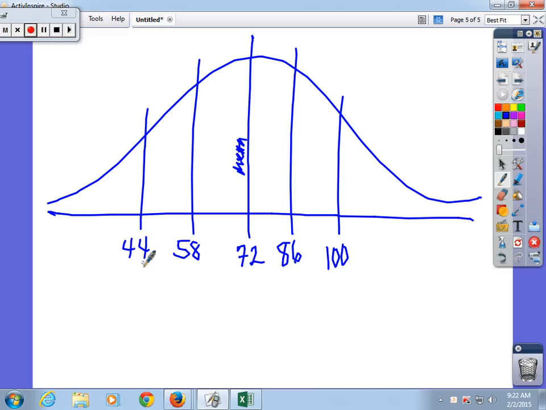Now, is this data pretty tight? Well, let's look. 72 is our mean. What is our standard deviation? 14. 14 versus 72. Is that tight or sloppy? No, wait a minute now. What do you know about standard deviation? The higher it is, the sloppier it is. The lower it is, the tighter it is.